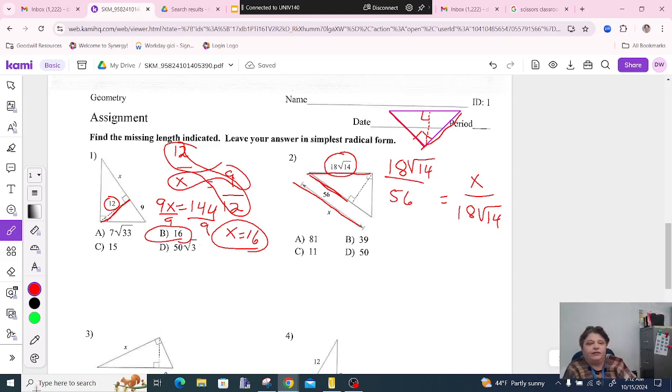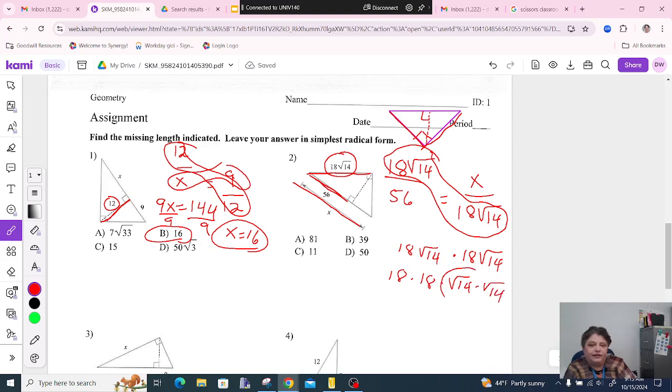Okay, I need to multiply on the diagonals. So if I'm taking 18 square root 14 times 18 square root 14, that'd be 18 times 18. I'm splitting them up. Times square root 14 times square root 14. What happens with these square roots? This just becomes 14. So you do 18 times 18 times 14. It's going to be a huge number.